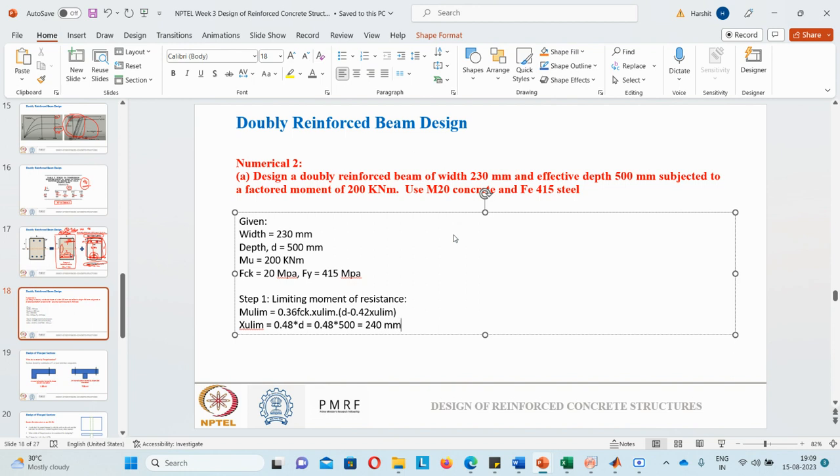So xu limiting value we know, so it will be 0.36 times 20 times b, which is 230, times 240 times (500 minus 0.42 times 240). So just do the calculation first.